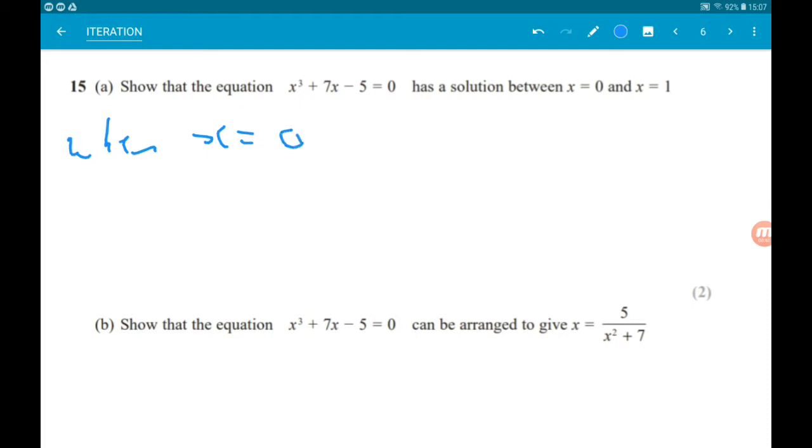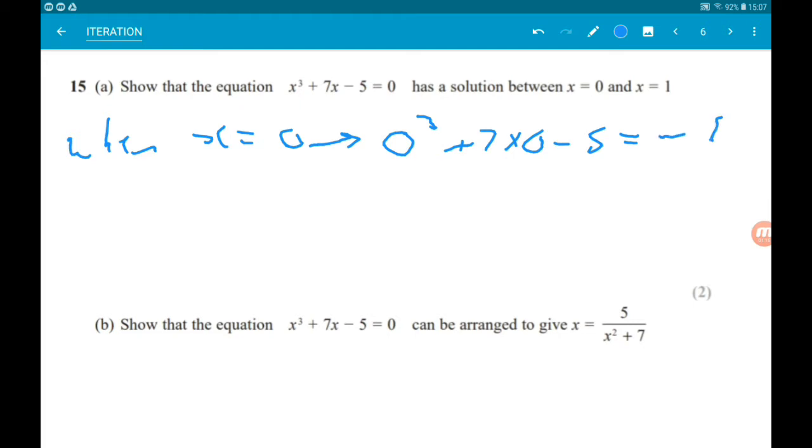x is 0, we get 0 cubed add 7 times 0 minus 5, and that is just going to give us minus 5.